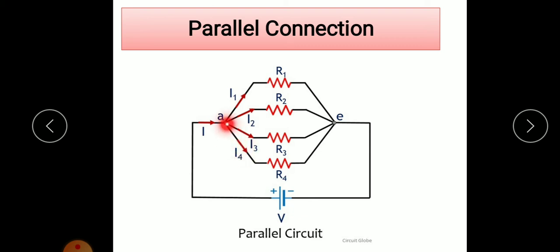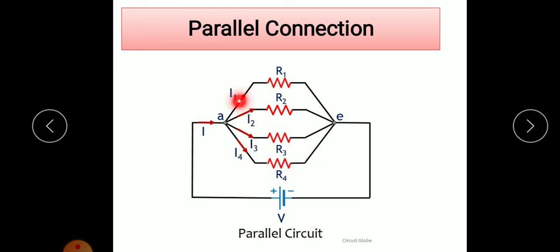That is, I1 amount of current flows through the resistor R1, I2 current flows across R2, I3 amount of current flows through R3 and I4 amount of current flows through R4, but in different quantities.